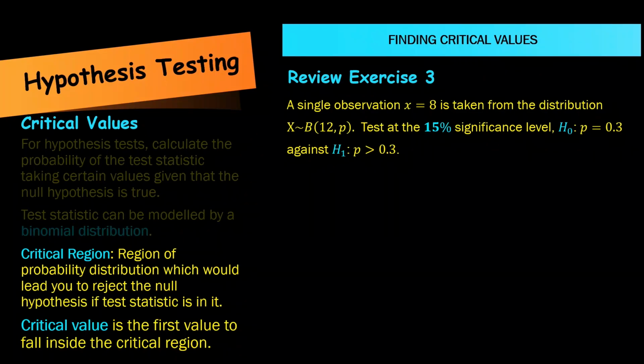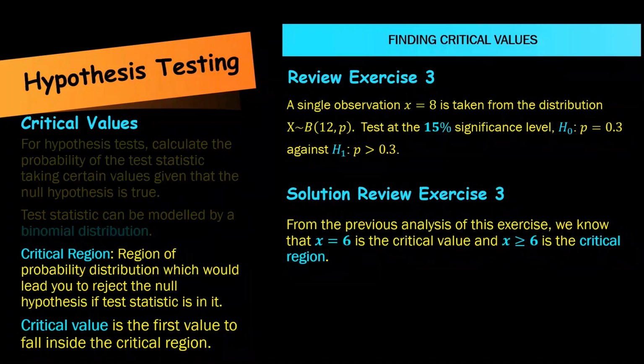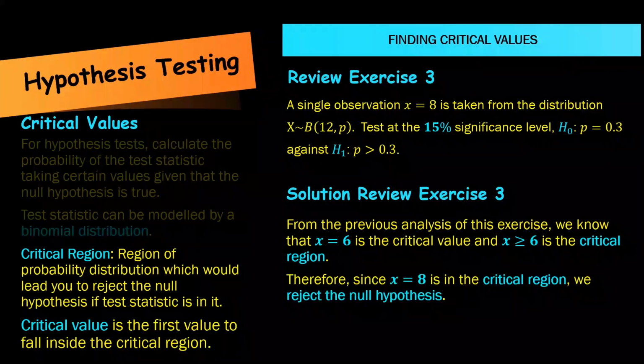So let's solve this. From the previous analysis of this exercise, we know that x equals 6 is the critical value and x greater than or equal to 6 is the critical region. Therefore, since x equals 8 is in the critical region, we reject the null hypothesis.